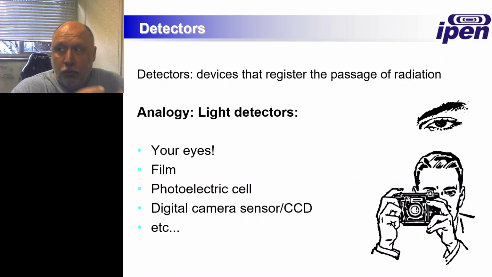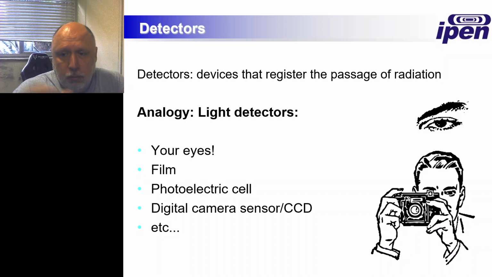It may be more specific and tell you which radiation it was, and it may be even more specific and tell you which energy the radiation had. But let's start with the basics. A good analogy for me is light detectors, like your eyes, for instance, right? Your eyes are excellent light detectors.